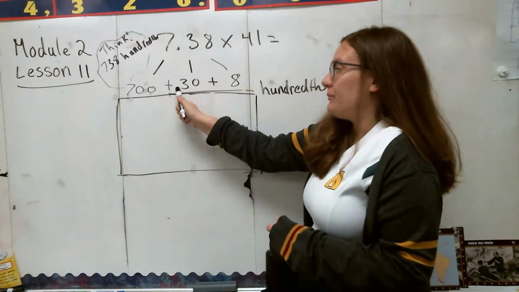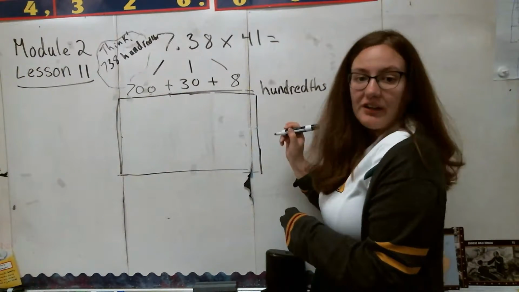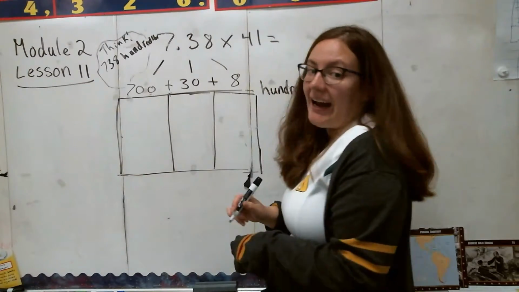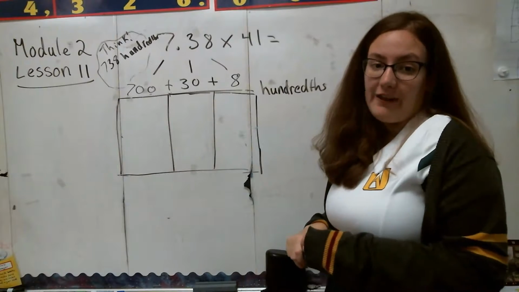So I have 700 plus 30 plus 8, so 738 hundredths. Then I need to draw those lines straight down where my plus signs are, and then I can start writing the expanded form of my other factor.